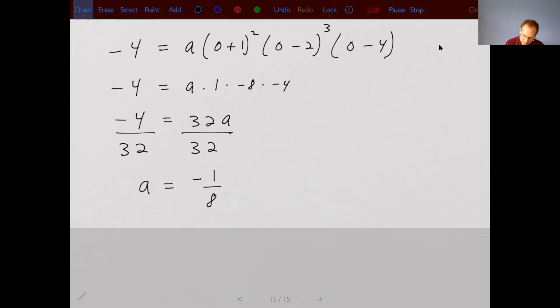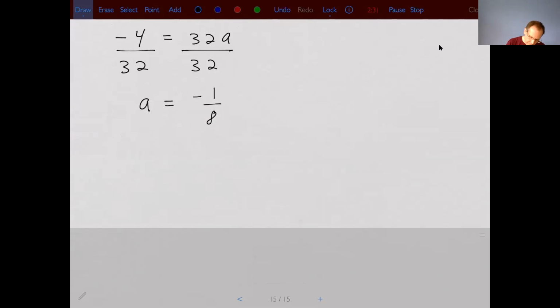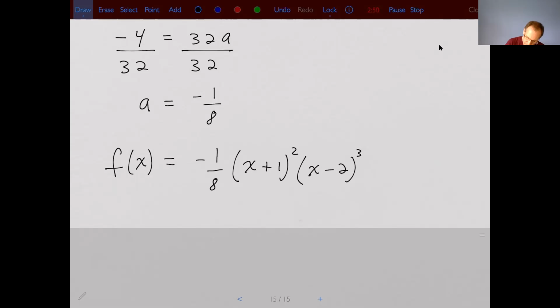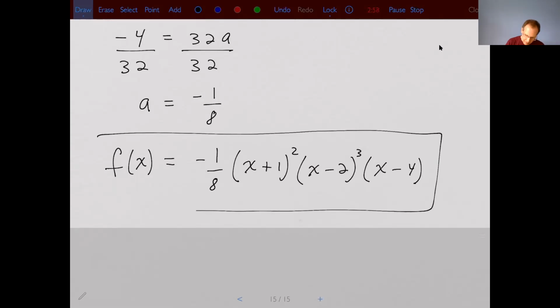Now the final answer for our function will be f of x equals -1/8, that's our a, times (x plus 1) squared times (x minus 2) cubed times (x minus 4). And that's correct, because this is the equation I plugged in to generate that graph. So we came up with the function, given the graph.